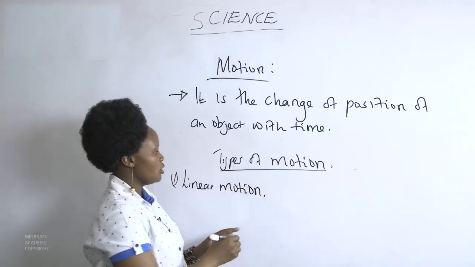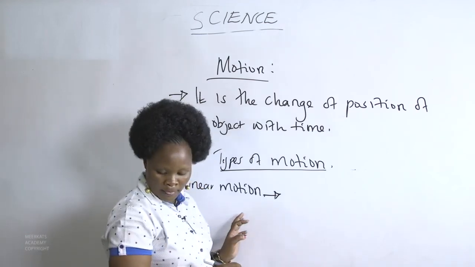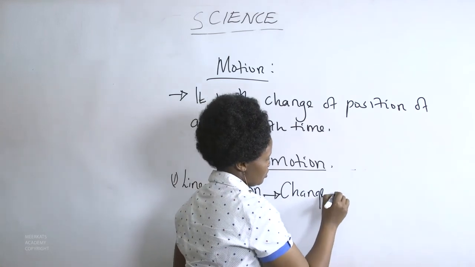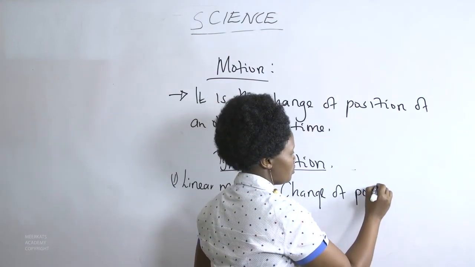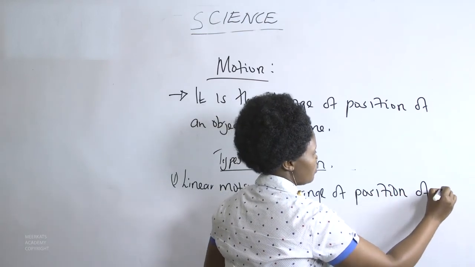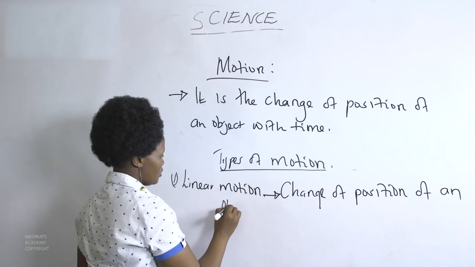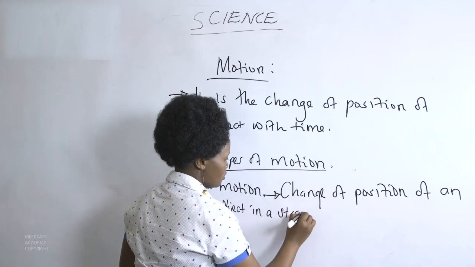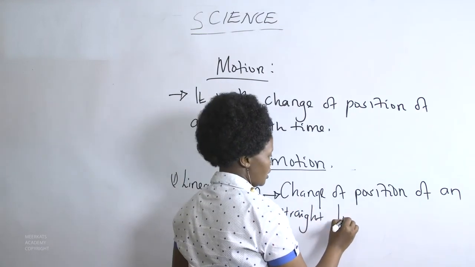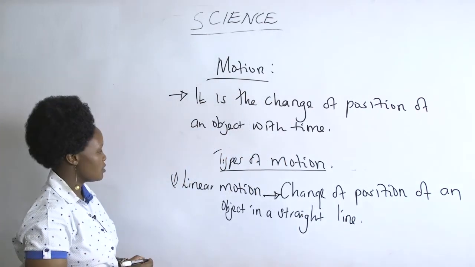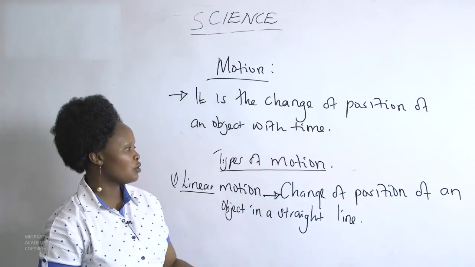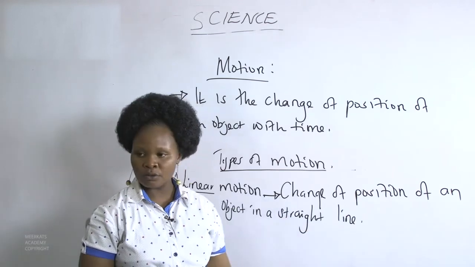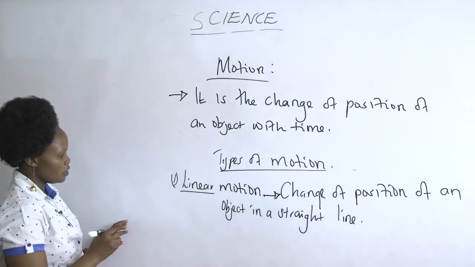Linear motion is the change of position of an object in a straight line. As the name suggests, the position of an object is changing in a straight line relative to the initial position of the same.